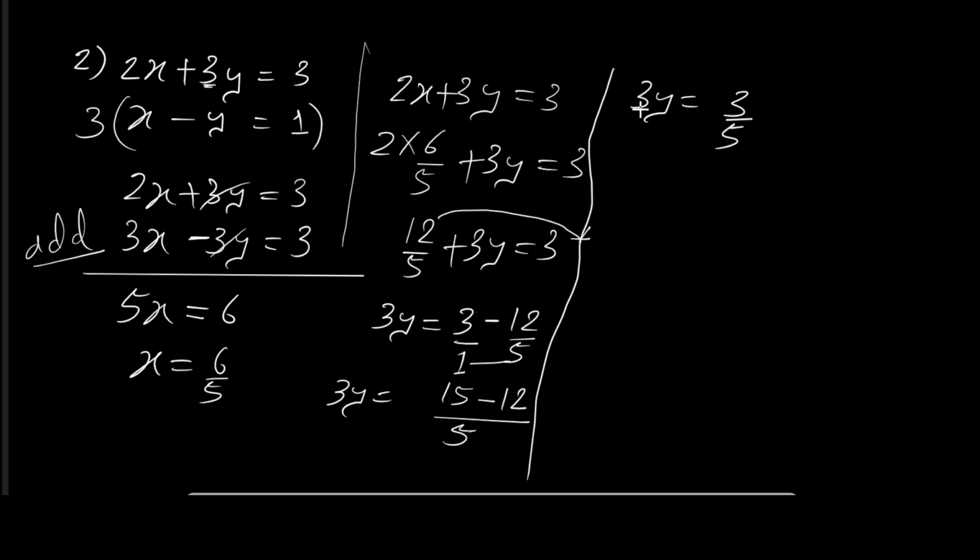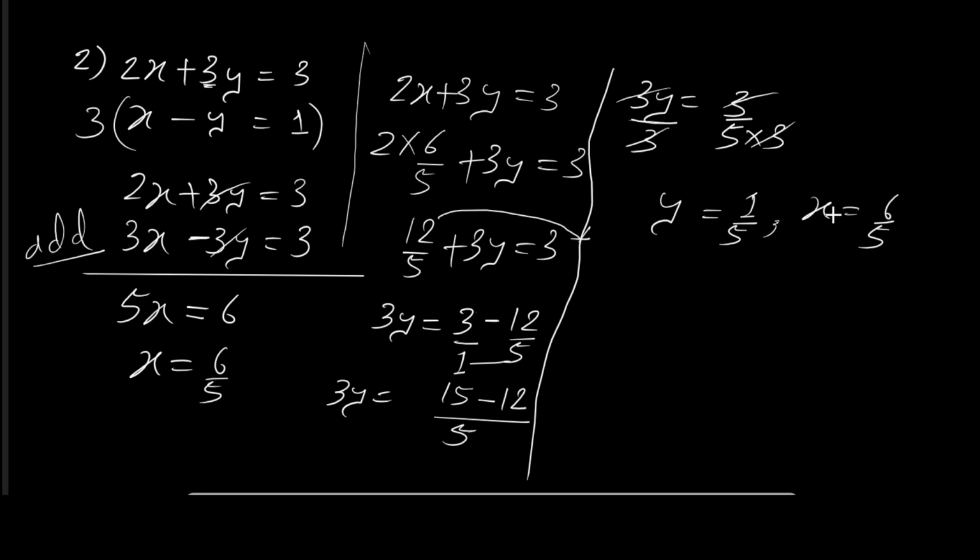So to undo this 3, for finding the value of y, I'm going to divide both sides of the equation by 3. So this 3 will cancel out. So y equals 1 over 5. So we have our solution, y equals 1 over 5 and x equals 6 over 5.